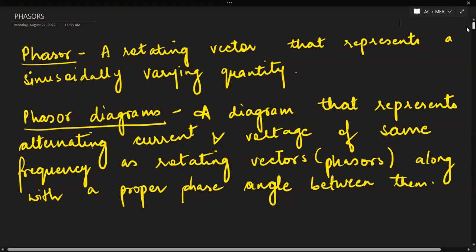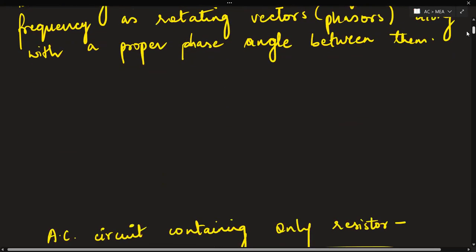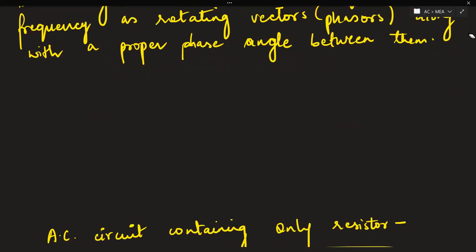See, phasors are just rotating vectors. You have current, you have potential, you have various physical quantities that exist. Now, if you want to represent it graphically or with the help of a diagram, that quantity we call a phasor.